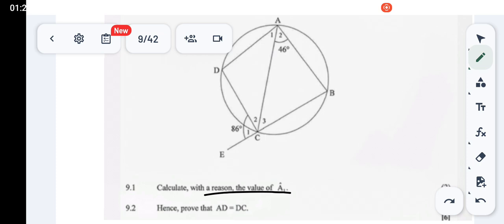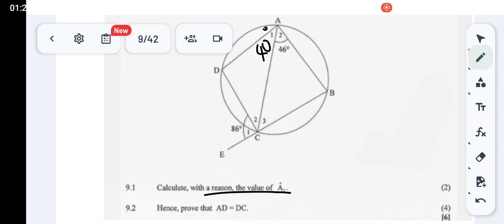So in order for us to prove that AD is equal to DC, we need to prove that angle A1 is equal to angle C2. And we already know the size of angle A1, which is 40 degrees. So what are we going to look for?